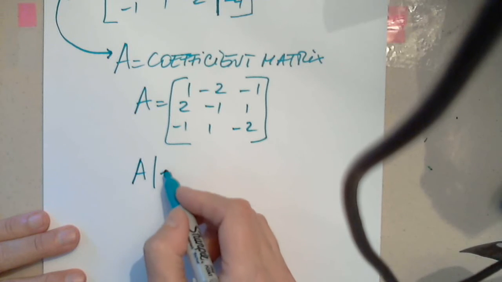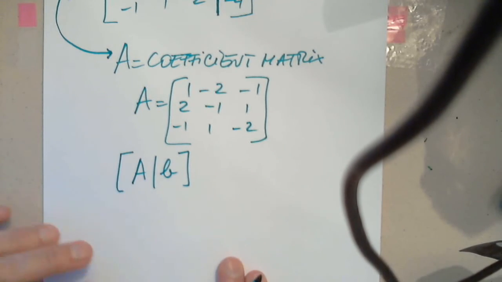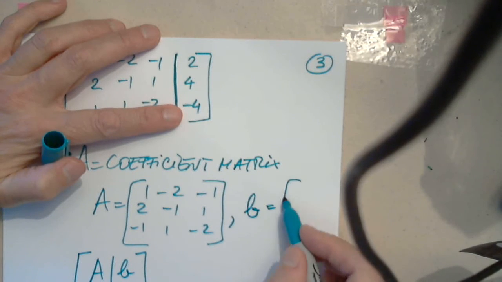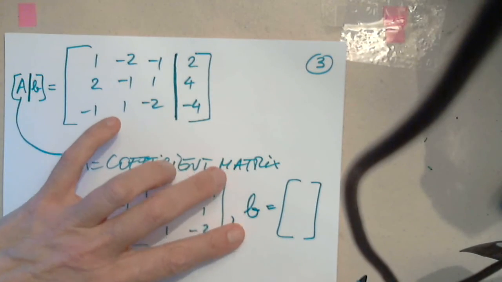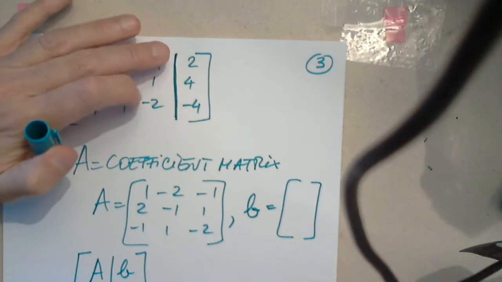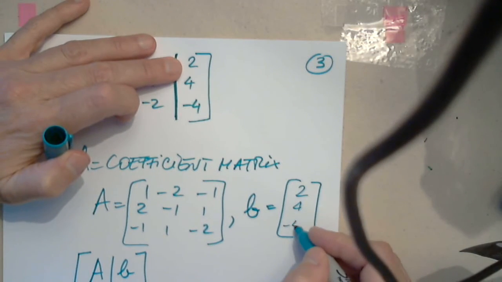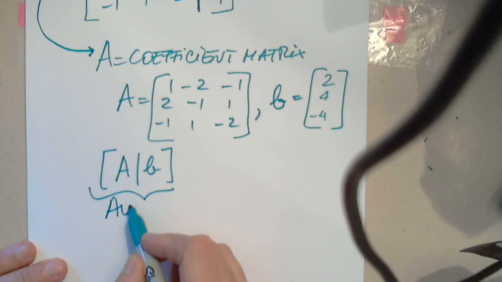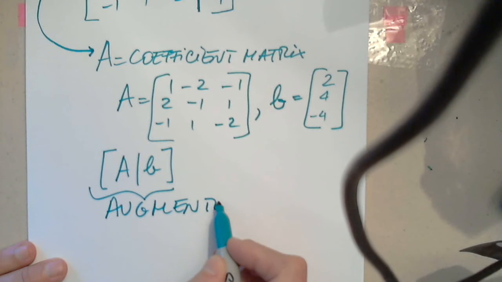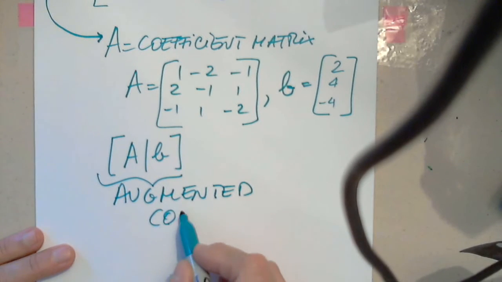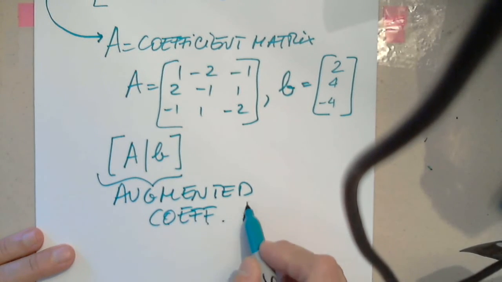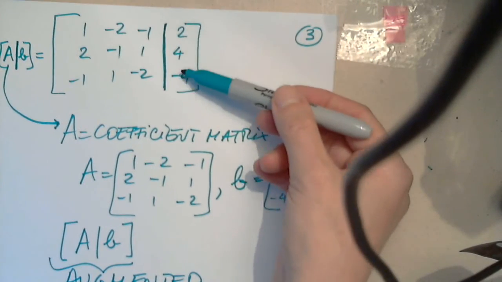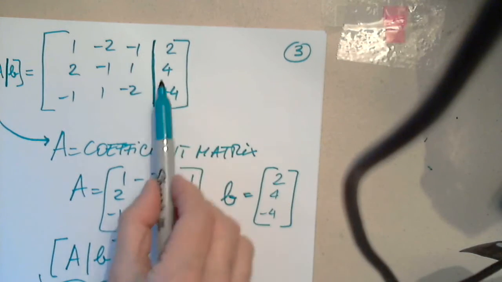When we add the free terms, which this time we are going to denote by a lowercase letter, it's very rare that we denote matrices by lowercase letters, but that's fine. Anything is possible. It's just a notation. So this is also called the augmented coefficient matrix. What does that mean? It's augmented by the free terms, what we have on the other side of the equal symbol.